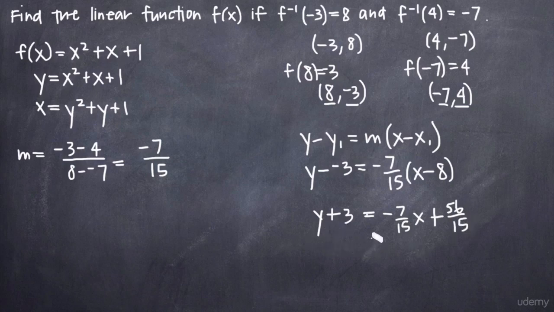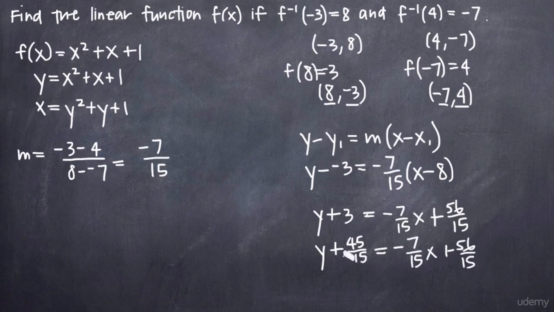We can find a common denominator with the 3 over here, so we'll say y plus 3 times 15 over 15, which gives us 45 over 15. Notice that this just simplifies to 3, but now we have a common denominator with the terms on the right-hand side. So we have equals negative 7/15 x plus 56 over 15.